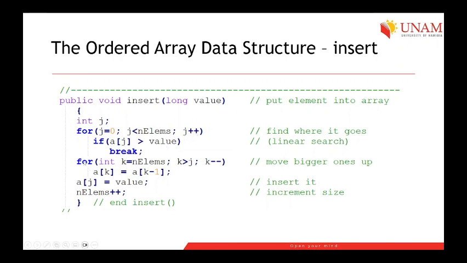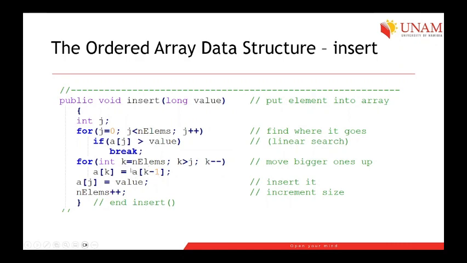Then when we have exited this loop, we are going to set k to n elements, which is what I was suggesting previously. Then we have k greater than j, it needs to be greater than the position where we want to insert the value, then k minus minus. What we are going to be doing is copying what is at k to k minus 1, because we are starting from the end and we want to create space.